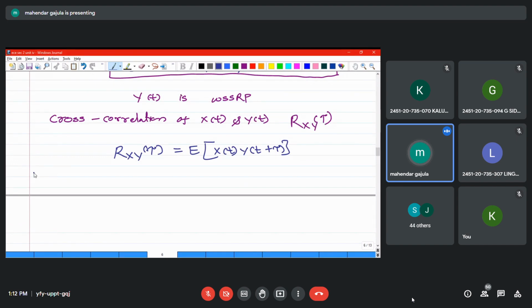So let us substitute: R xy tau is equal to the expectation of xt, which is a cos omega t plus b sin omega t, and yt plus tau, which is b cos omega t plus omega tau minus a sin omega t plus omega tau.